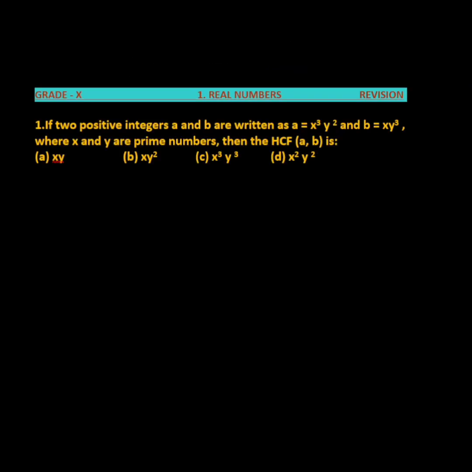Welcome students. In this video we are going to see some revision sums on grade 10 real numbers, first chapter, real numbers. The first question we are going to discuss here is: if two positive integers a and b are written as a = x cube y squared and b = x y cube, these are the two positive integers given.